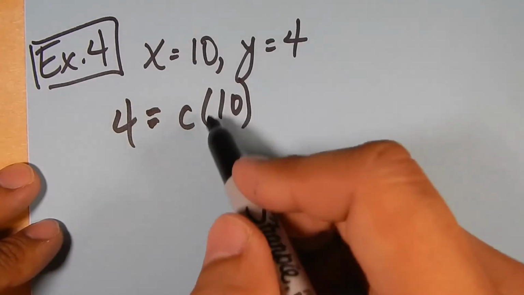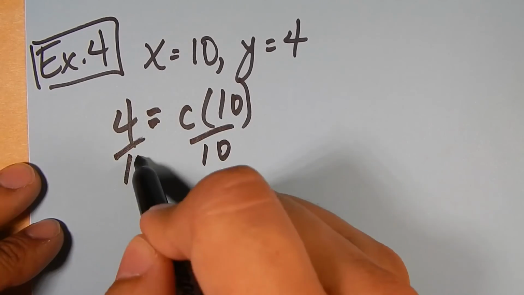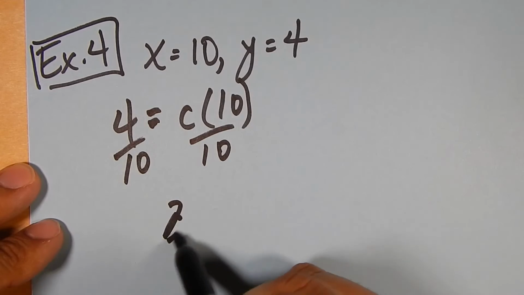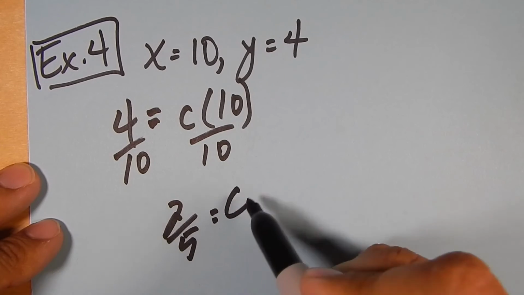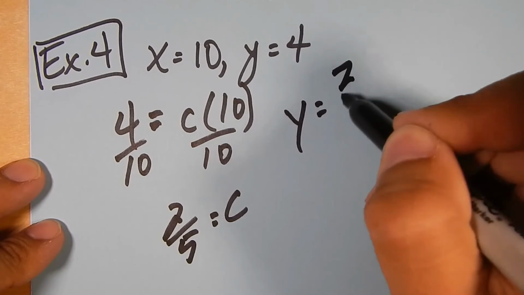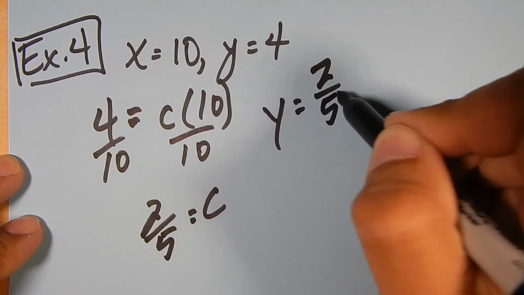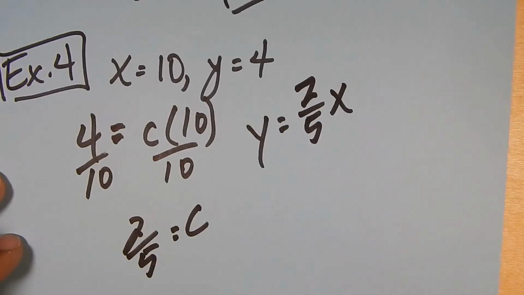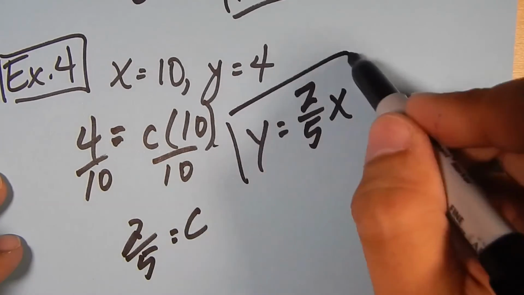So we're going to divide by 10. That gives us 2/5 is c. So we get y equals 2/5 x. And that is our direct variation.